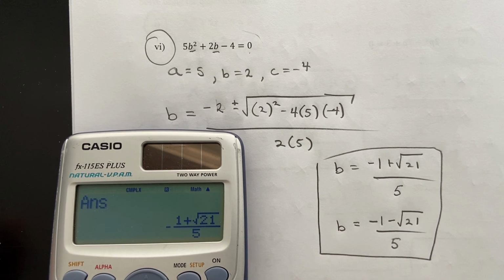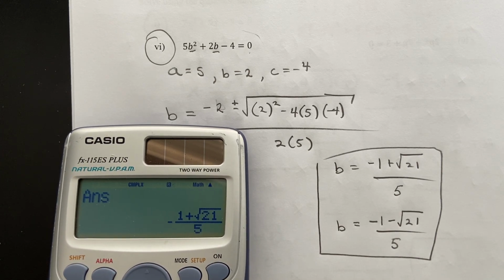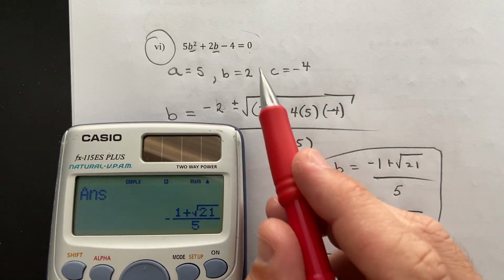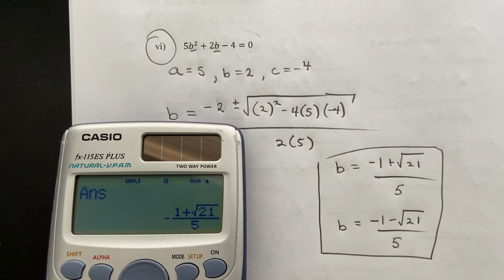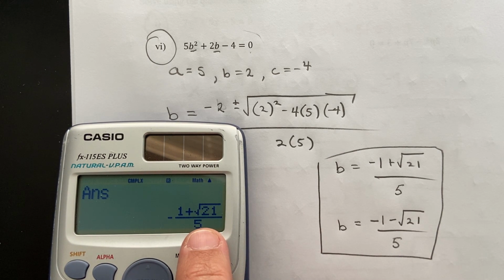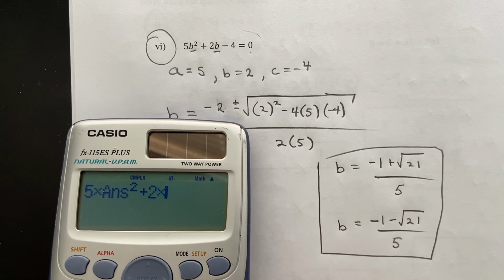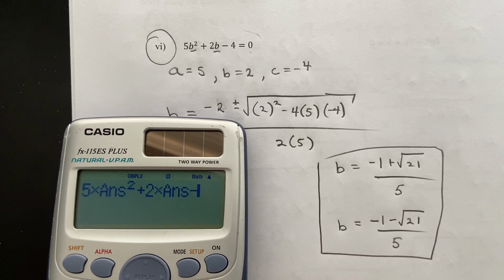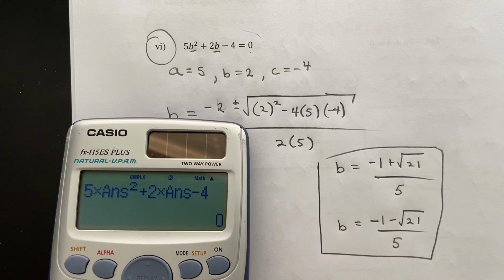So here is our second solution. So what I can do is now plug this one into our original problem and just make sure that we do indeed get 0 on the left. So I already have it saved in here as answer. So I can just go 5 times answer squared plus 2 times answer minus 4. I should get a 0 for this. So that looks good.